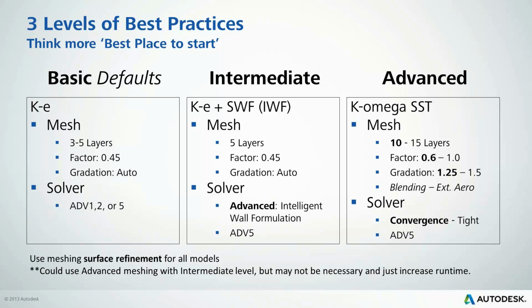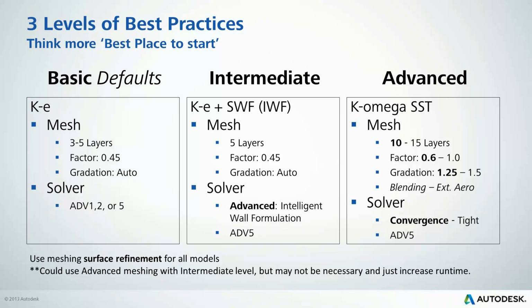Of course, our default values here are 3 layers with a layer factor of 0.45 or 45%, with no real gradation affecting the distribution or biasing of that mesh close to the wall. And of course, in terms of the solver, we would suggest, depending on the application, advection scheme 1, 2, or 5, where 5 we're finding is becoming more robust and more accurate for many users.